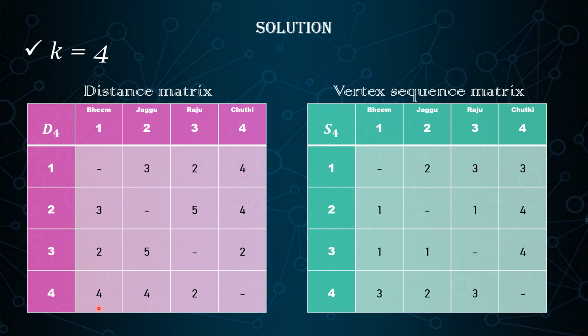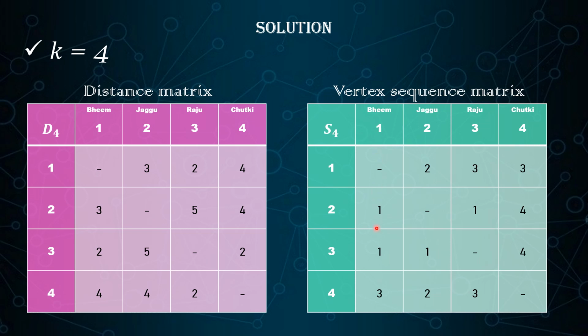The interpretation we can get from this matrix is that node 4, that is Chutki's home, and node 1, which represents Beam's home, have a shortest distance of 4 between them. The corresponding vertex sequence matrix tells whether there is a directed path which is the shortest distance or not.